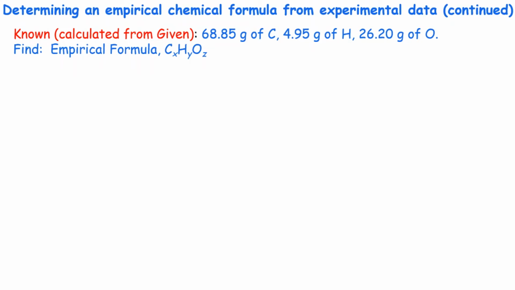Now, let's keep working on this step. I change the value from given to known because those grams were not given directly in the question. So that's what we converted to, but nonetheless, they are known now. And what do we need to find out? We need to find out the empirical formula. In order to do that, we have to find the subscripts of each element.